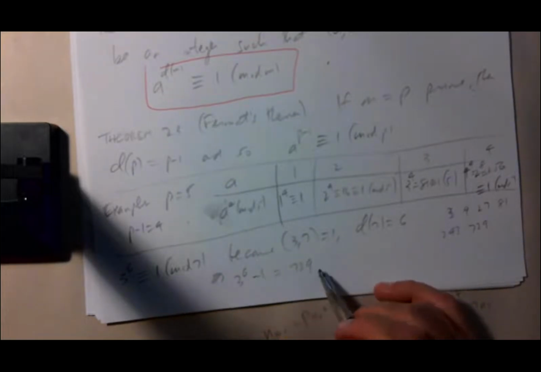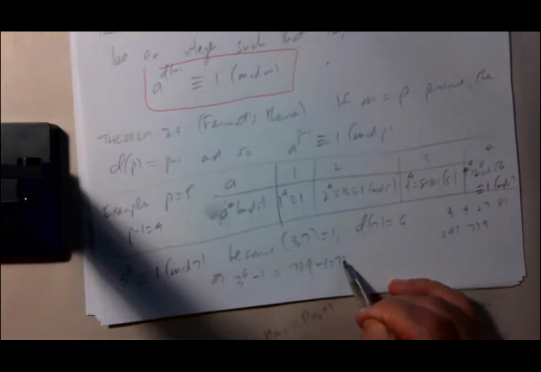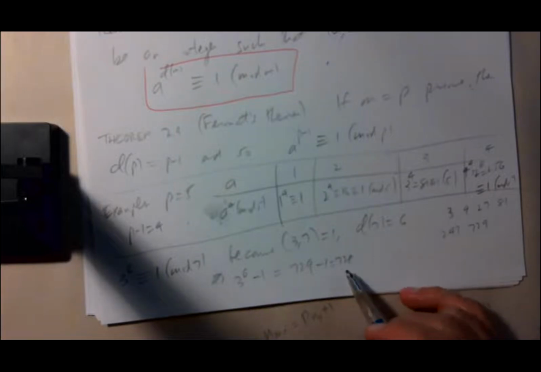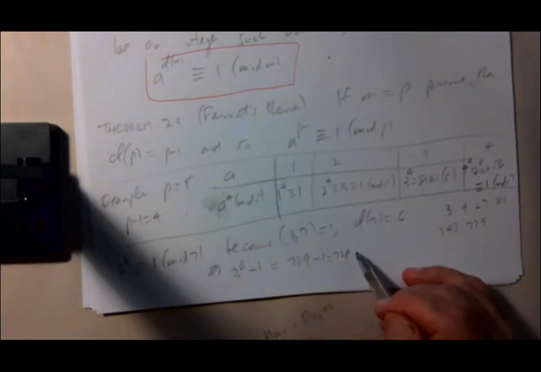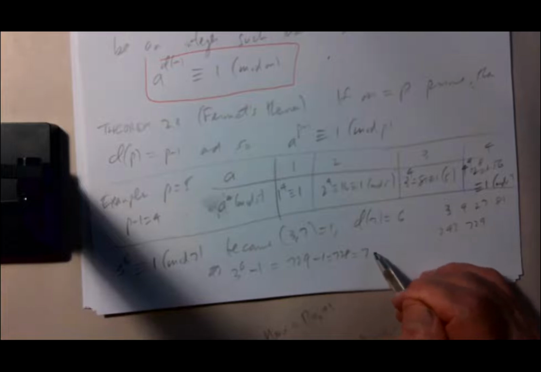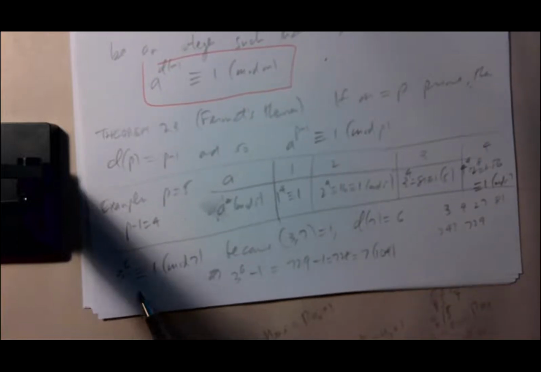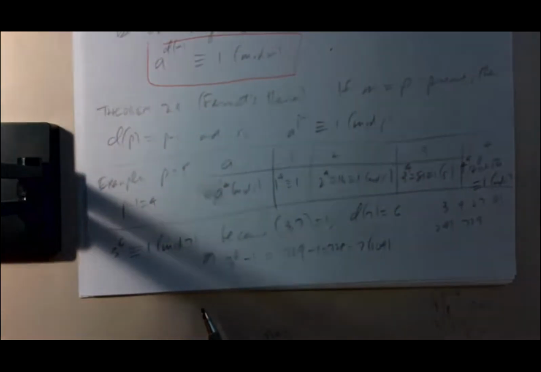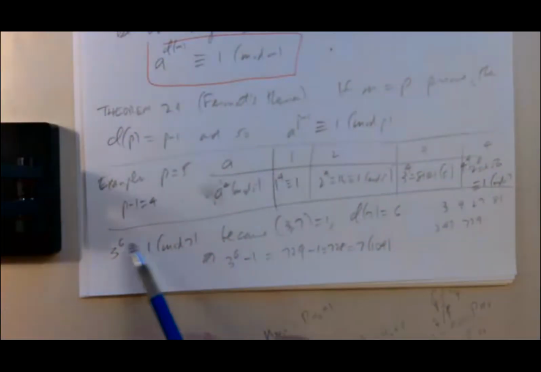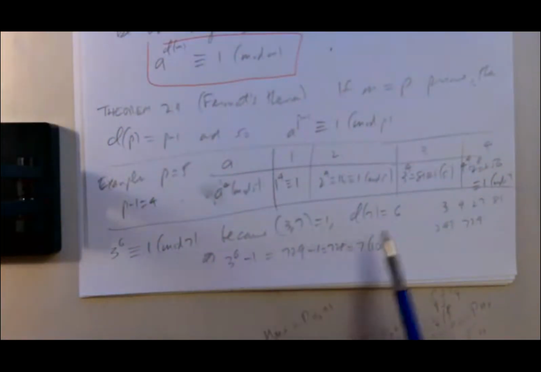If I take away 1, I get 728. And I can see this is divisible by 7. This is 7 times 104. So 3 to the 6th is congruent to 1 mod 7.